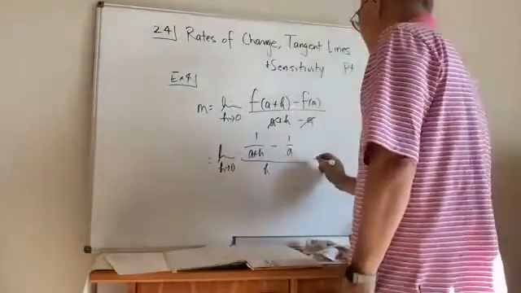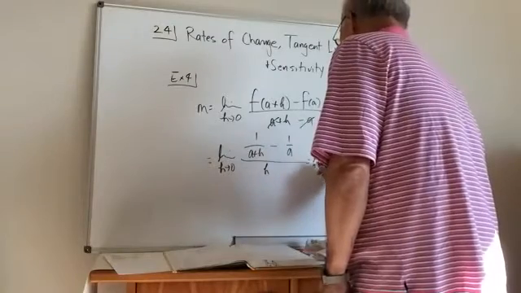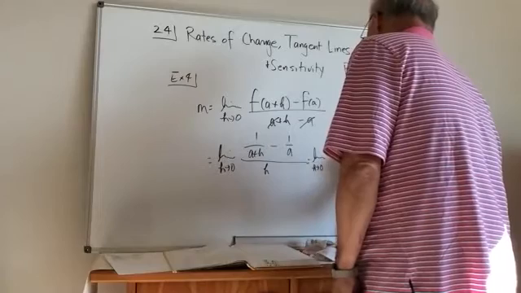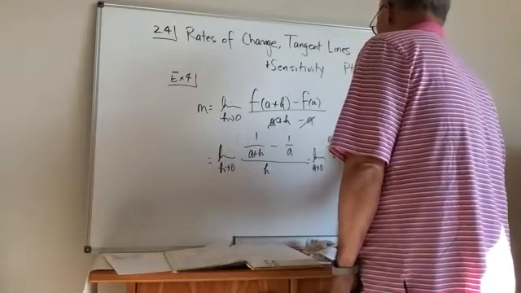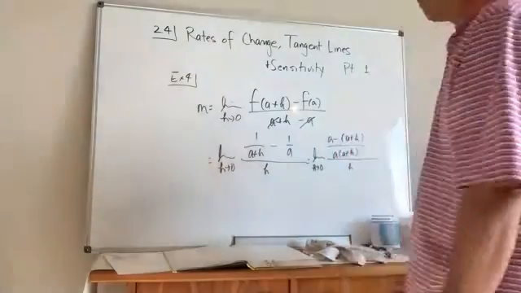If I combine the denominators in the numerator, I get a minus a plus h, over a times a plus h, all over h.